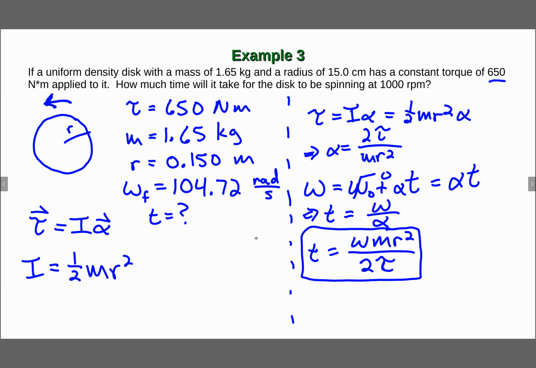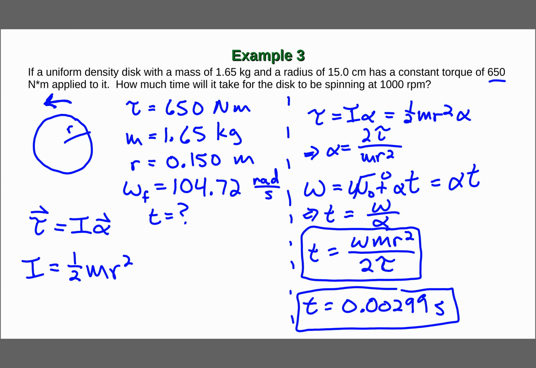And then for this, if we plug in the numbers, I think what we find is that we have 0.000299 seconds. So what we have ultimately is a wheel that doesn't weigh very much. We apply a great big torque to it, and so we spin it up to 1,000 RPM almost instantly.